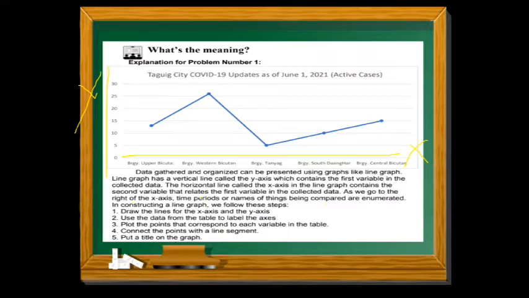In constructing a line graph, we follow these steps. Number 1, draw the lines for the x-axis and the y-axis. The second step is use the data from the table to label the axis, and then plot the points that correspond to each variable in the table, and then connect the points with a line segment, and then put a title on the graph.